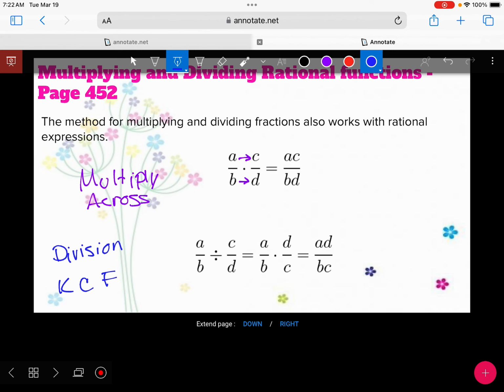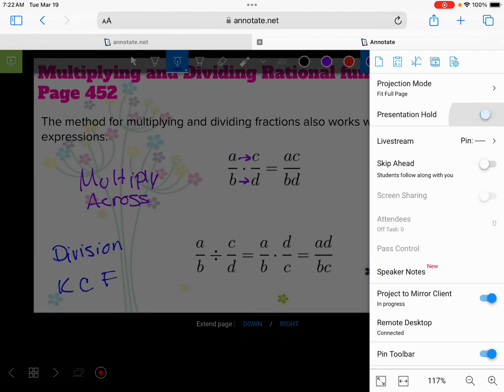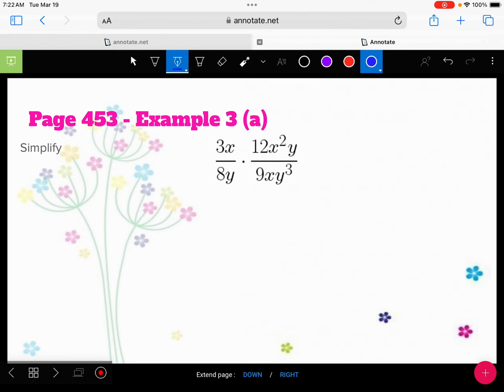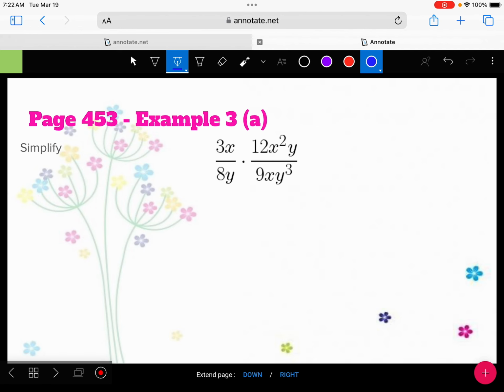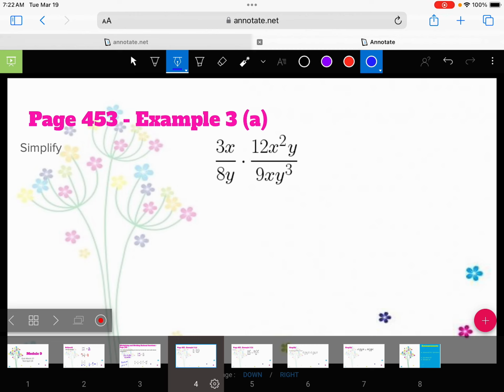All right, I still see a few people writing, so I'm going to give you a couple more seconds to write stuff down. And just like yesterday where we started with ones that didn't involve factoring, just monomials in the numerator and denominator, we're going to do a very similar vibe today, where we start with monomials.